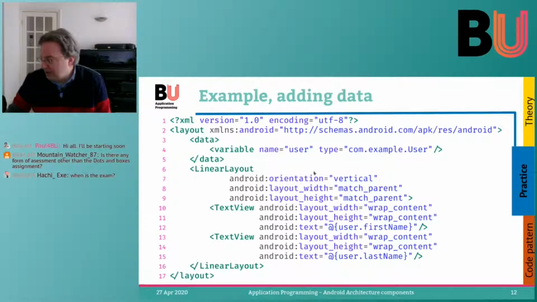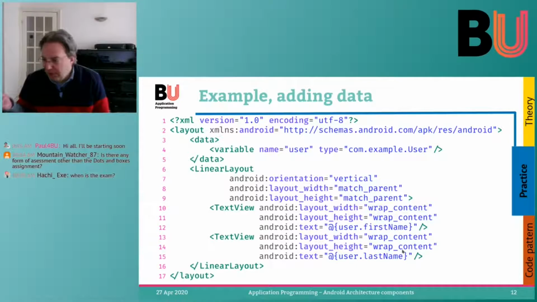Using that variable, inside your layout you can do things like you see here, where we have an @{user.firstname}. So the text used for this text view will be taken from this user. If you set a different user, it will also update these text views to have a new first name and a new last name.